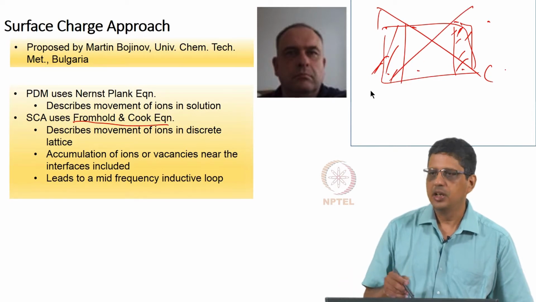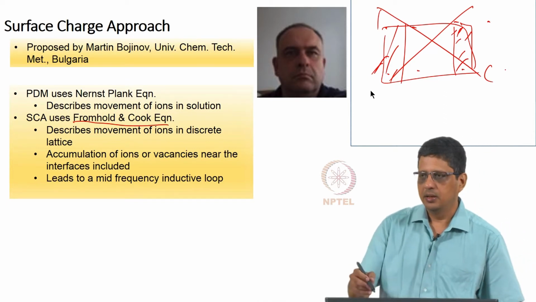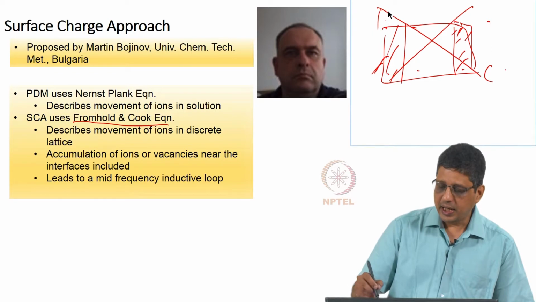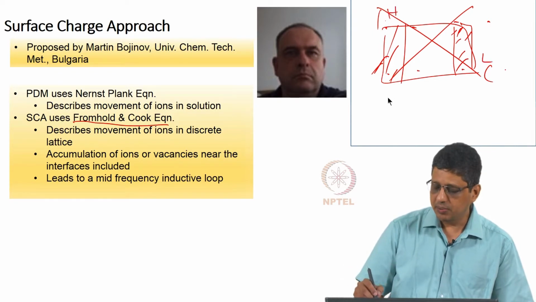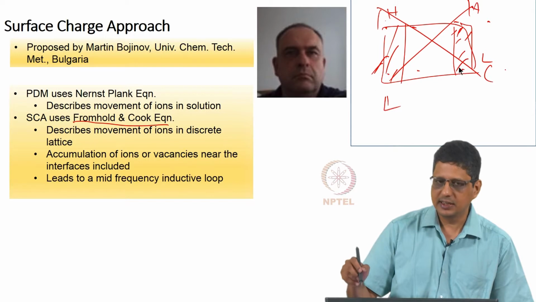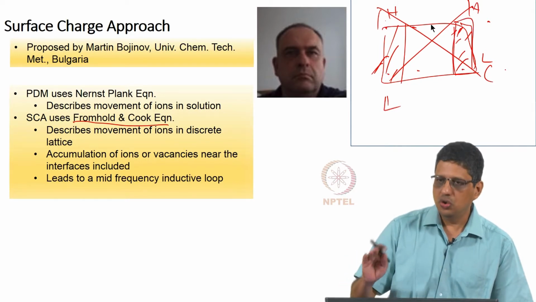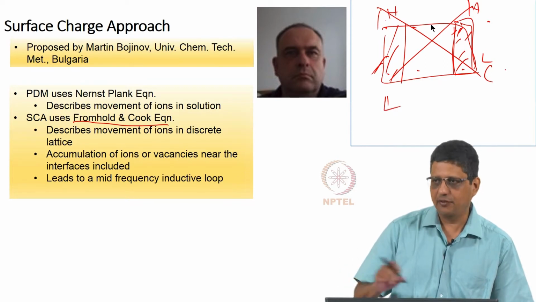It may or may not be linear, we probably assume it is linear, but the concentration of anion vacancy is going to be higher here and lower here. Cation vacancy is going to be higher here and lower here. If cation vacancies are higher here and anion vacancies are higher there, naturally the film is not going to be neutral everywhere. We are going to assume it is charged differently at different locations.